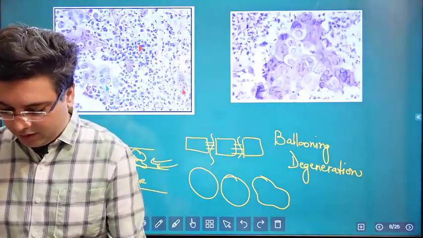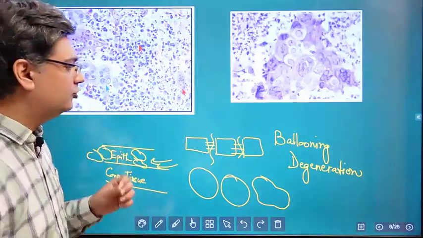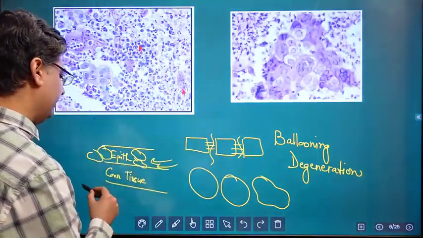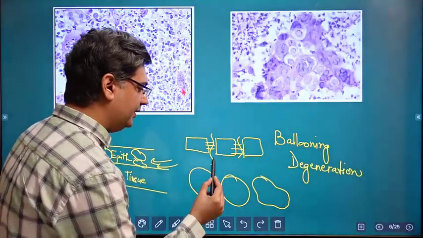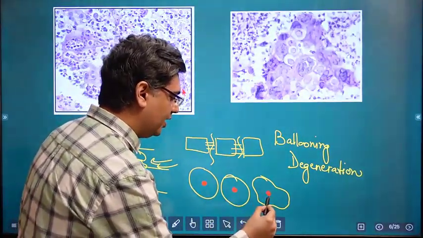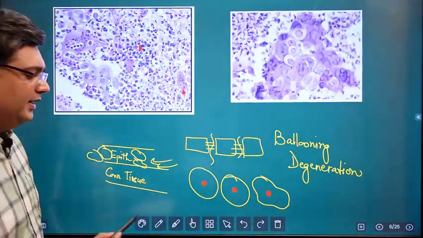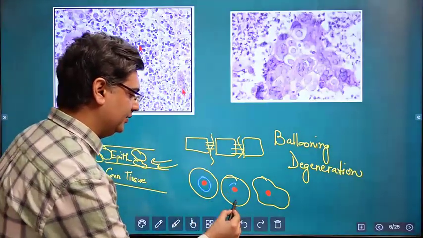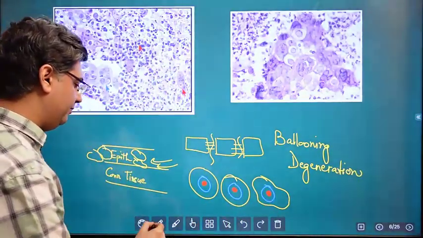These cells, when they lose their shape, also show Lipschutz bodies. What are Lipschutz bodies? These are eosinophilic structures in the nucleus. So when we take a look, we have these Lipschutz bodies, which are eosinophilic bodies inside the nucleus. This is the nucleus and we have these red bodies here.